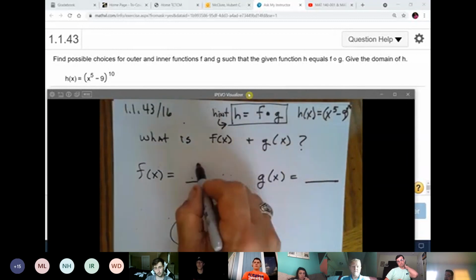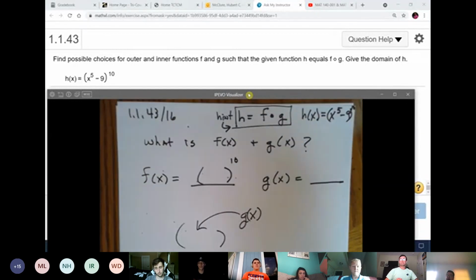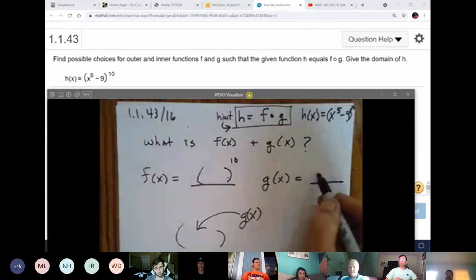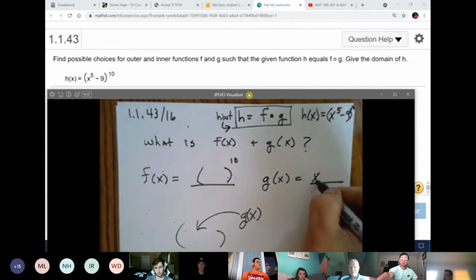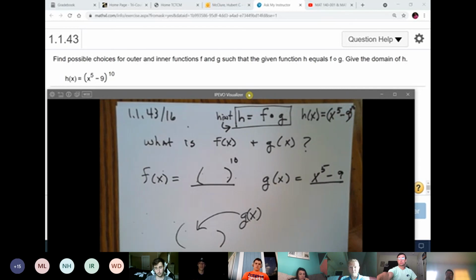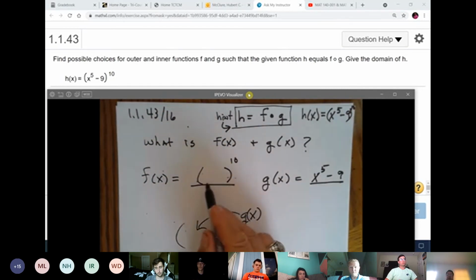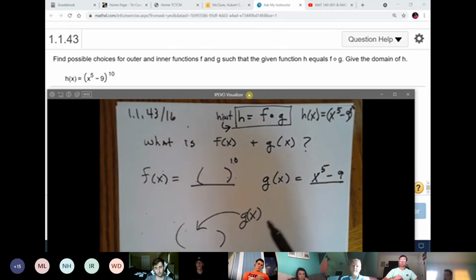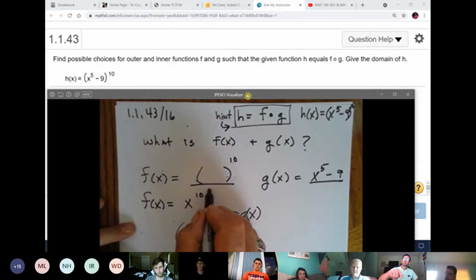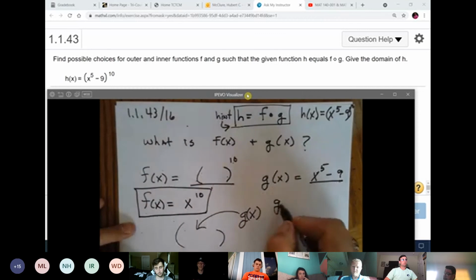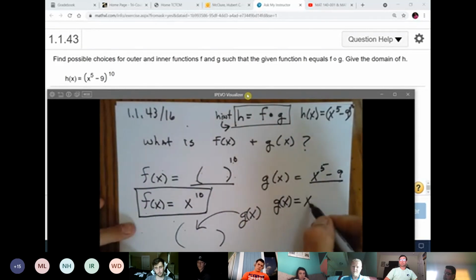So this is to the 10th power, and that means this is x to the 5th minus 9. And you can't leave this as a big set of parentheses to the 10th power, so you just say this is what to the 10th power? x. f of x is x to the 10th power, and g of x is equal to x to the 5th minus 9.